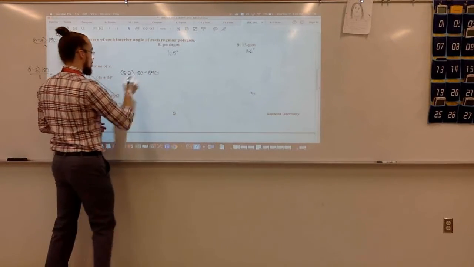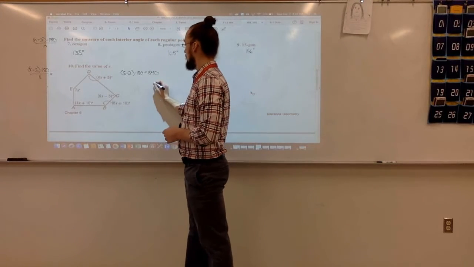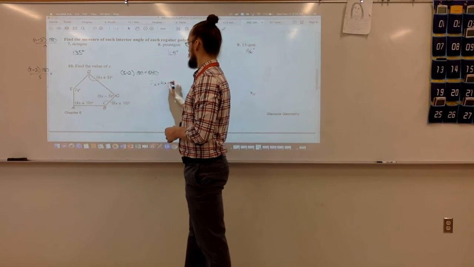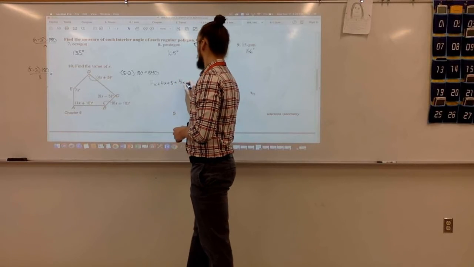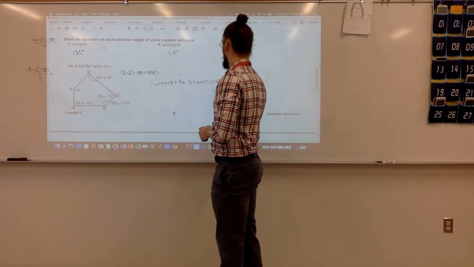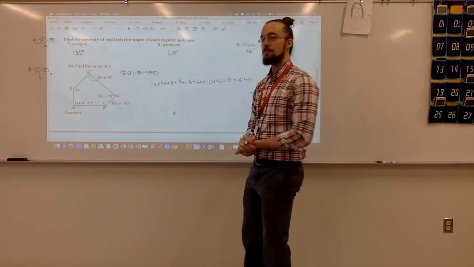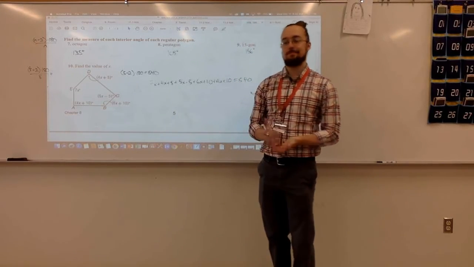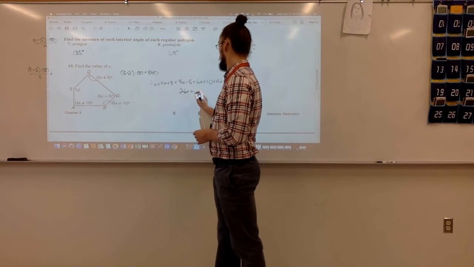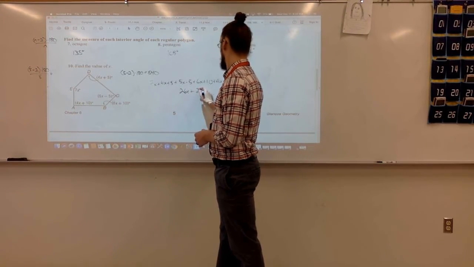So then, I want to add all 5 of these together and set that equal to 540. So 7x plus 4x plus 5 plus 5x minus 5 plus 6x plus 10 plus 4x plus 10 equals 540. 26x plus 20.